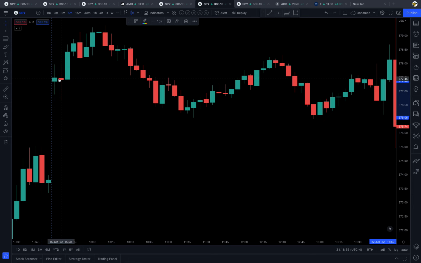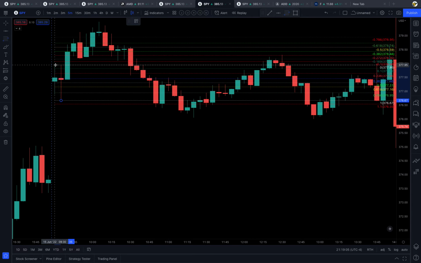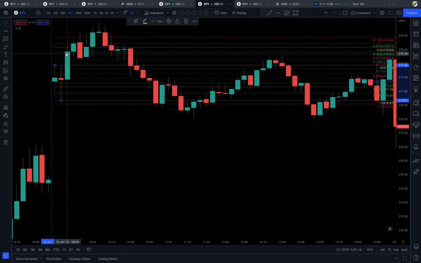Obviously it didn't work here because it didn't break it. So here would have been an entrance point. I don't know why I wrote down that it's a bad one. It looks like it's a good trade, and it hit all the actual profit targets there, so it must have been the 3-minute that the 615 was a bad one. Yeah. So once I switch over to the 3-minute, I'll show you how that was bad.